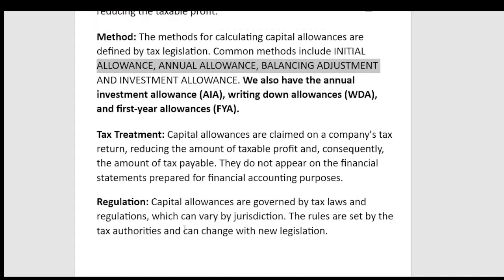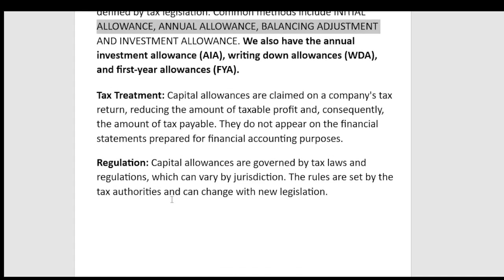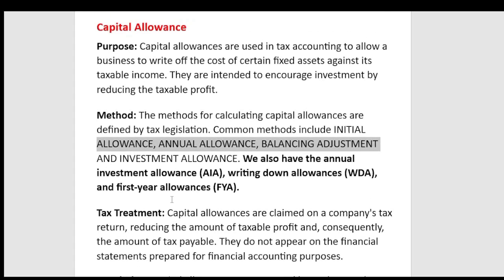Now, tax treatment of this. Capital allowances are claimed on a company tax return, reducing the amount of taxable profit and consequently the amount of tax payable. They do not appear on the financial statement prepared for financial accounting purposes.